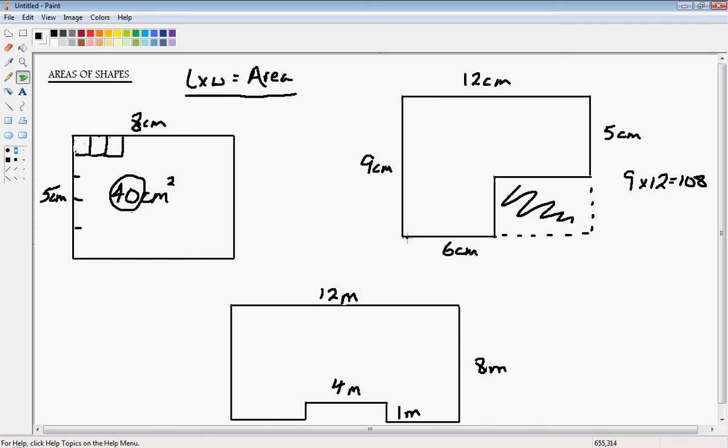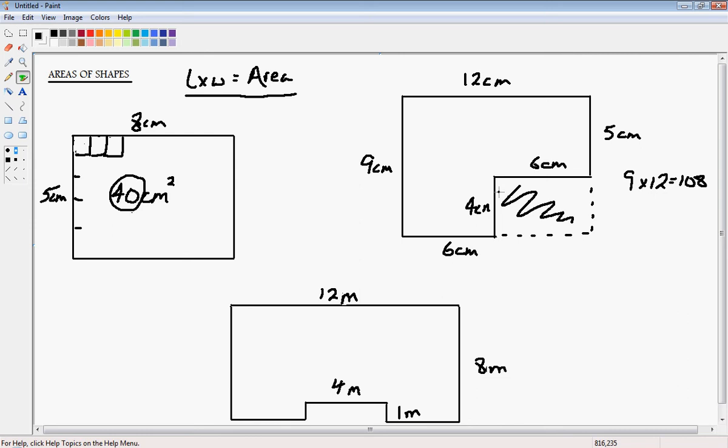So I know that this distance is 12. I know this distance is 6. So 6 from 12 means that this must be 6 centimeters long, because 6 plus 6 will give me the 12. Now this distance here is 9, and this distance here is 5.